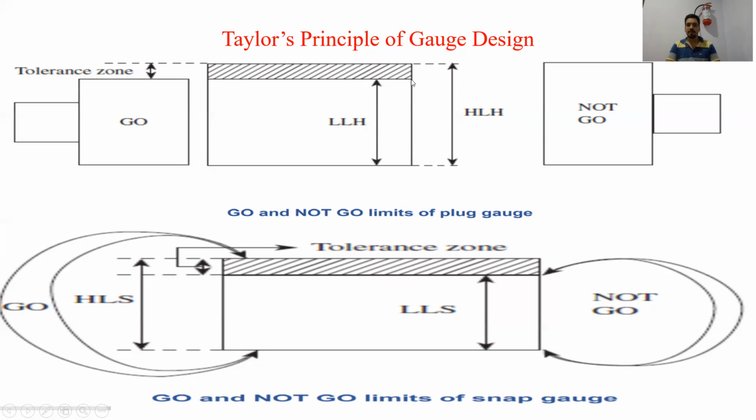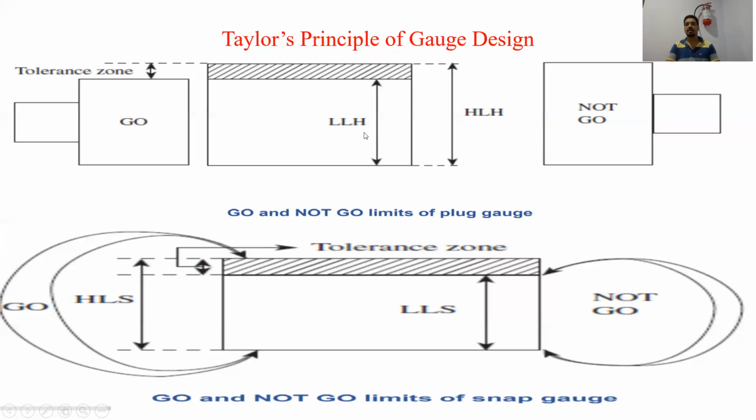Okay. The next condition is if the hole is designed below the lower limit of the hole. Let us suppose the hole is designed at this limit. Below the lower limit, the go part of the limit gauge cannot enter into the hole, and the no go part will also not enter into the hole.